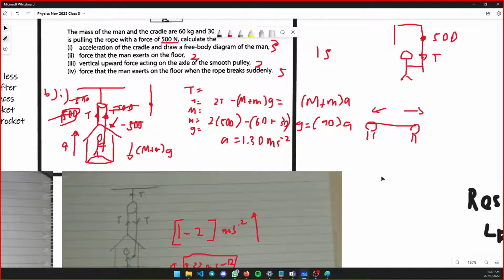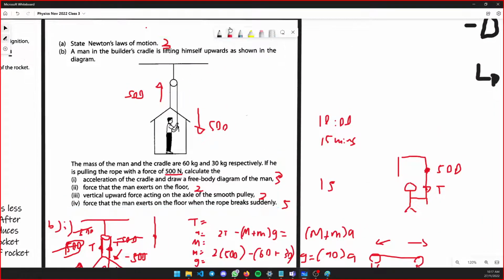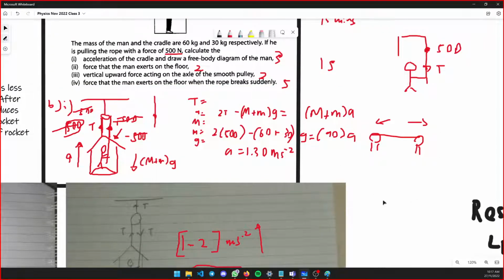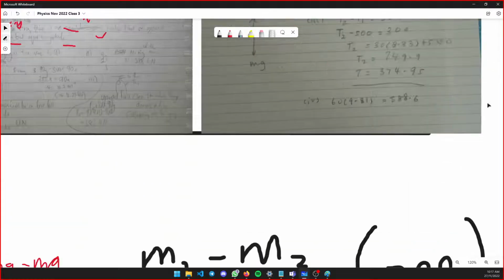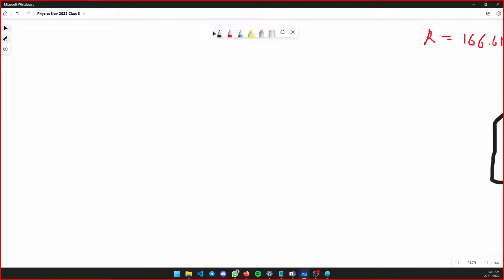Next, the vertical force on the axle of the smooth pulley. So how do we calculate that? That's pretty simple. We have a pulley system here.